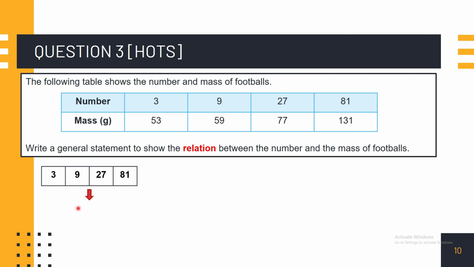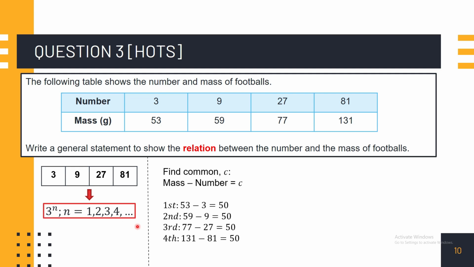If we cannot use that trick, we simplify. What generates this kind of data? This is the 3 power of n formula. 3 power of 1 will be 3, 3 power of 2 will be 9, and so on. 3 power of n, where n equals 1, 2, 3, 4, and so on.